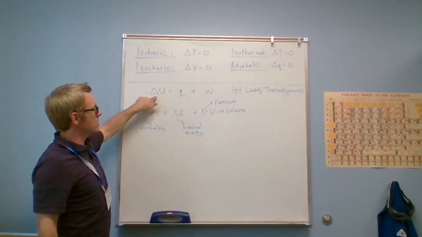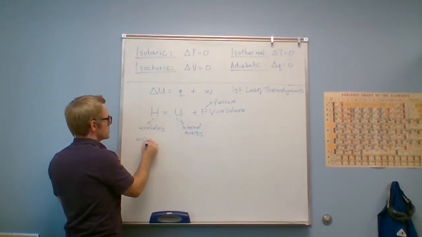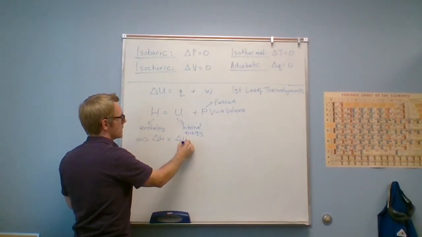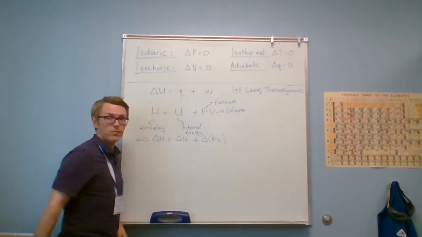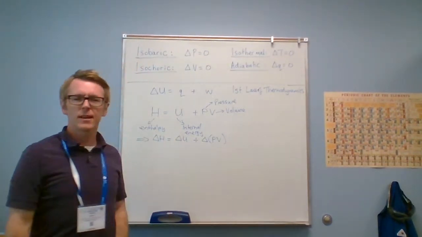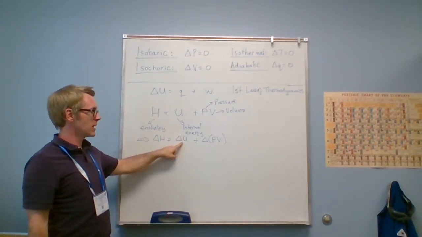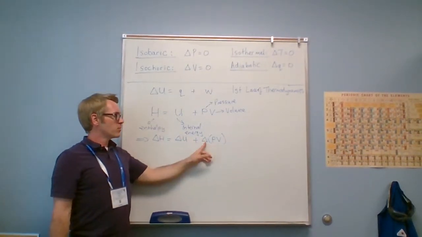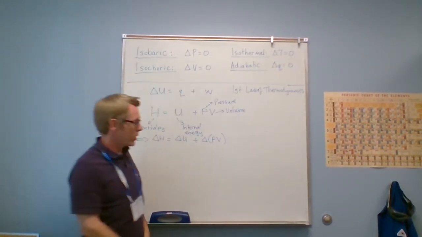So let's look at change in enthalpy. So here we had change in U, so let's look at changes in these variables. So a change in enthalpy should be a change in internal energy plus a change in the product pressure volume. Okay, a change in enthalpy is a change in internal energy plus the change in the product pressure volume. Now, when the change hits a product, we have to follow a rule called the product rule.